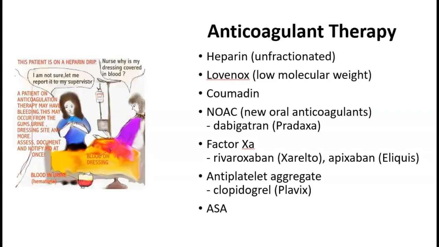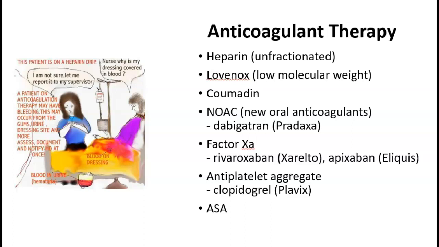So a little nod to anticoagulants is that they're pretty dangerous, right? Somebody who's on a heparin drip, we need to monitor them so carefully because of the risk for bleeding, and then also the risk for heparin-induced thrombocytopenia syndrome. So our NOACs are now called DOACs. We'll talk about that.